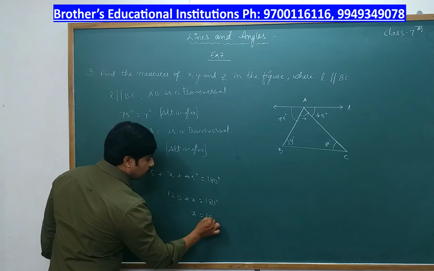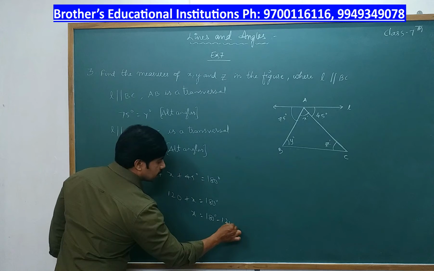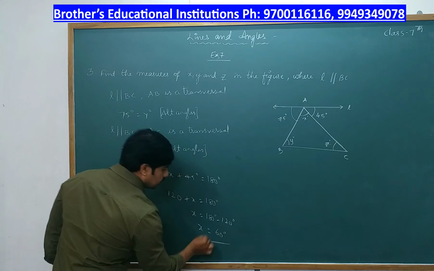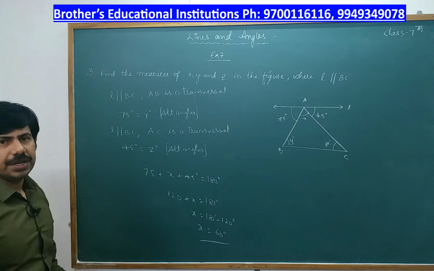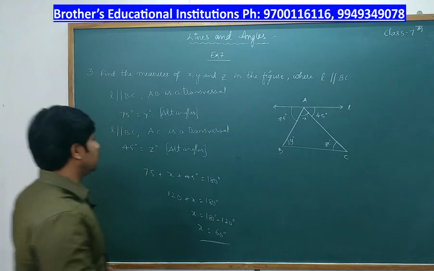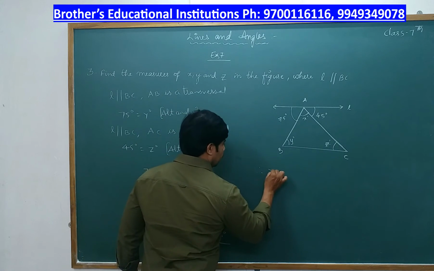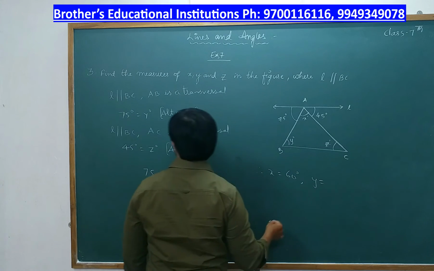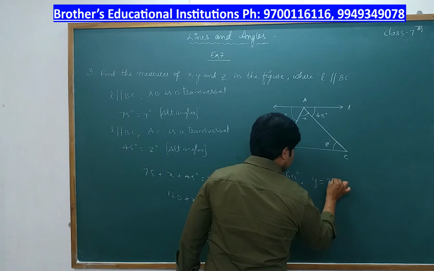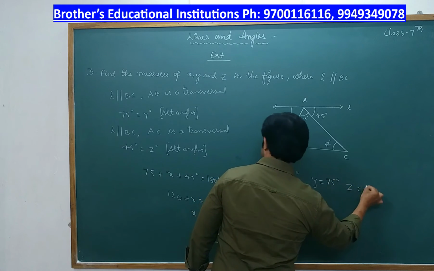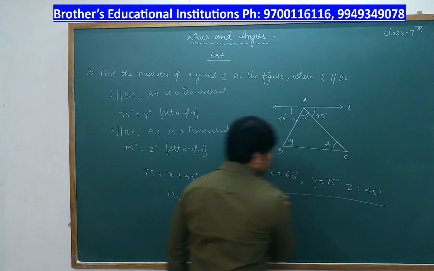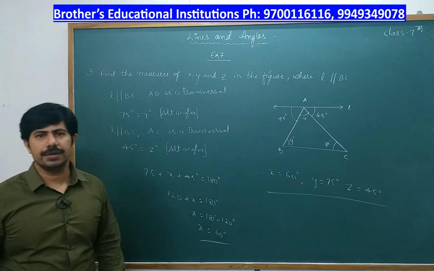So x is equal to 180 minus 120, which is 60 degrees. Therefore x is equal to 60 degrees, y is equal to 75 degrees, and z is equal to 45 degrees. Okay, so this is completed.